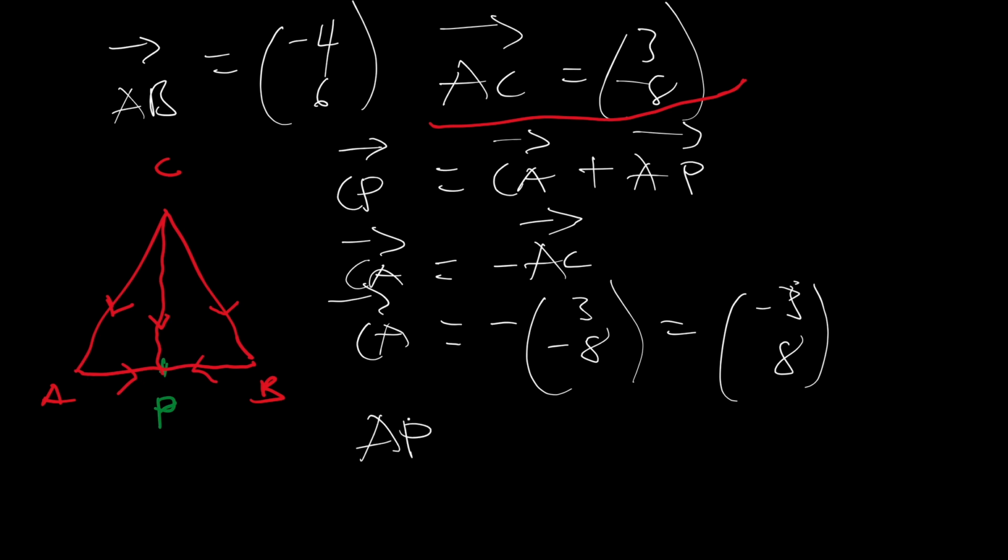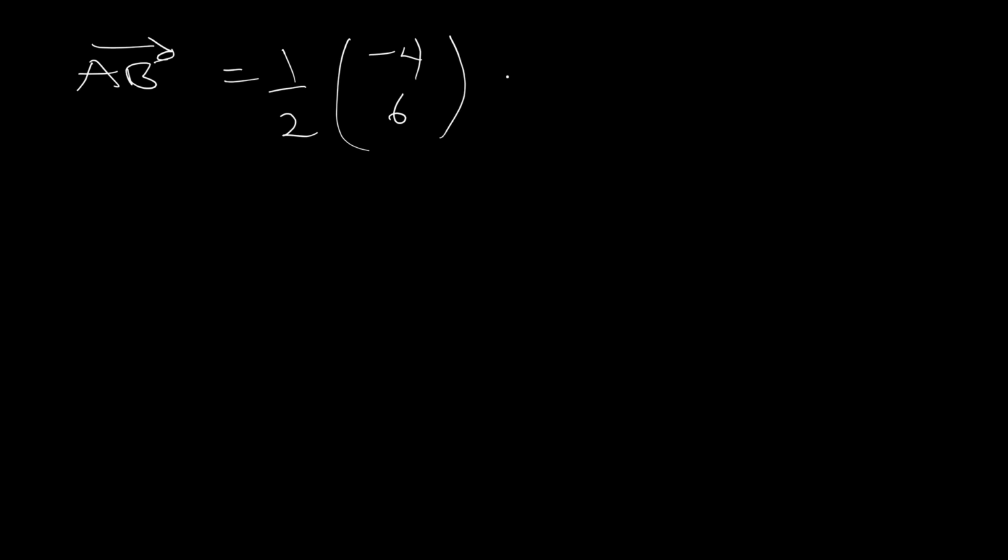So AP is equal to half of AB, and we know our AB is (negative 4, 6). So our AP becomes 1 over 2 multiplying (negative 4, 6), and this gives us (negative 2, 3).